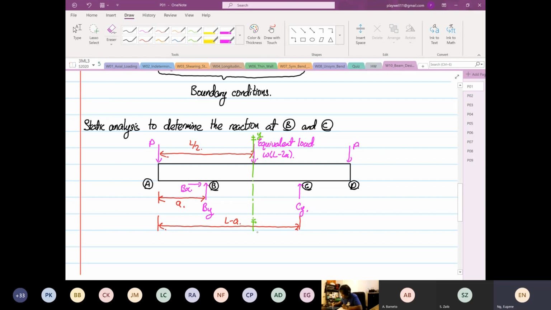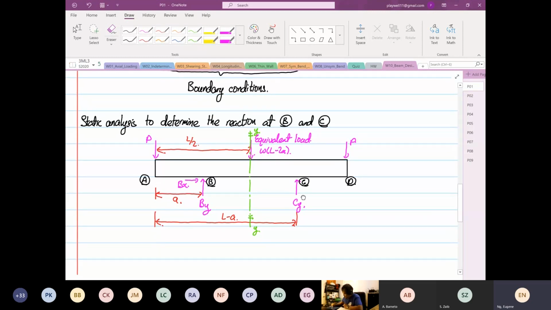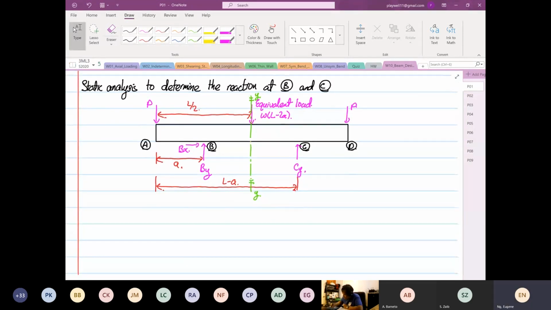So from here, based on this analysis, based on symmetrical loading and geometry, right?